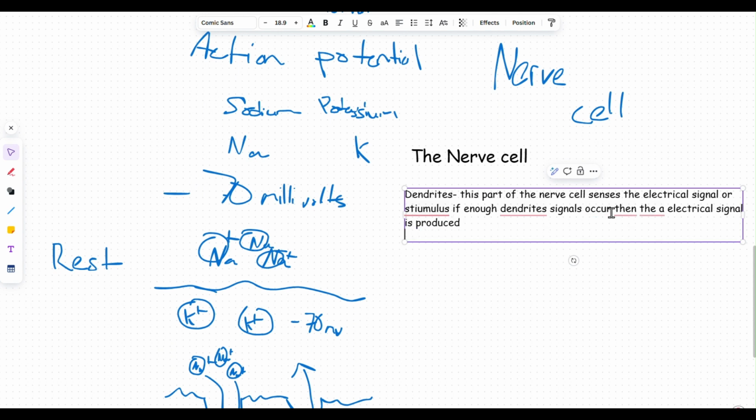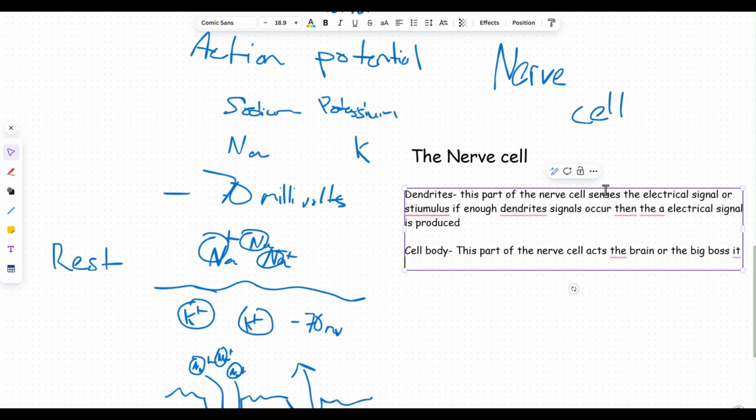Now let's go on to the cell body. This part of the nerve cell acts like the brain, or the big boss. It measures the amount of dendrite signals, which are just very small electrical charges due to the neurotransmitter.